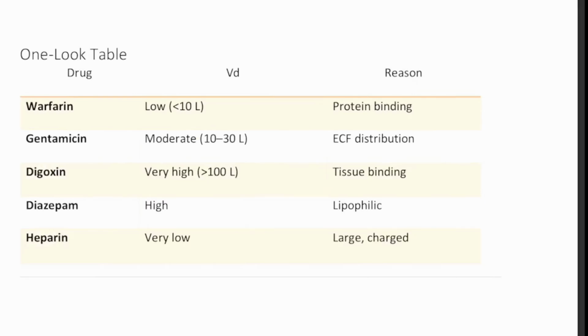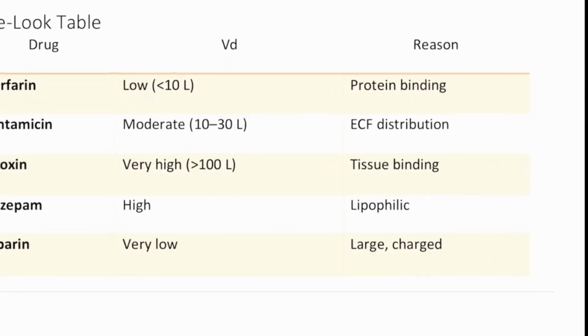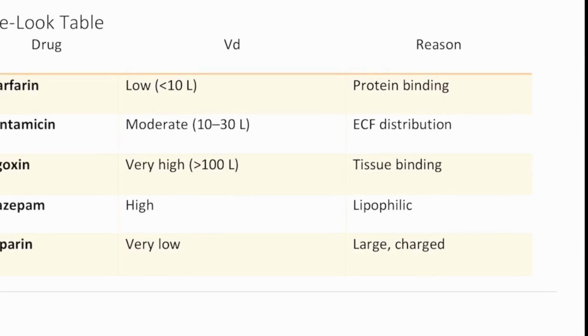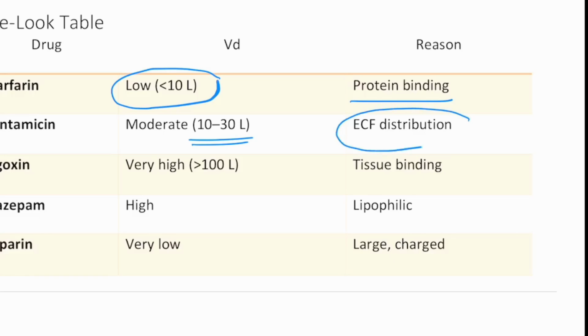Now, in summary, warfarin has a low volume of distribution, less than 10 liters, because of protein binding, and is present in the plasma. Moderate, 10 to 30 liters, will be in the extracellular fluid.